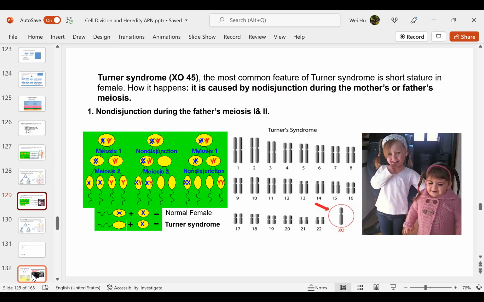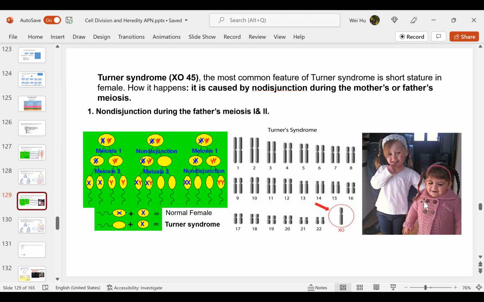Another disease is called Turner syndrome. This is a little woman. She's not 5 years old, she is probably 20 years old, but she appears like 5 or 6 years old. During the father's meiosis, you can see that they did not get any sex chromosomes, so this sperm has no sex chromosomes. When it combines with a normal X egg, they become Turner syndrome.